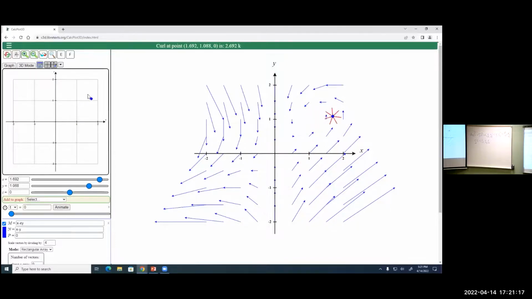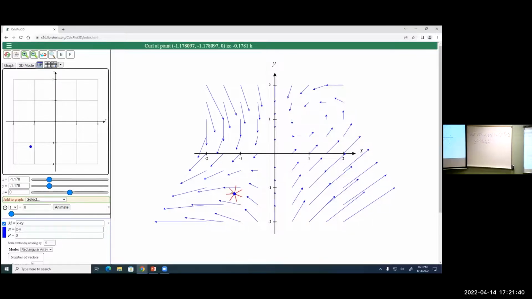We can find different spots, and at any of these spots, we can calculate the curl because we know how to do that, right? It's df2/dx minus df1/dy. So at any given point, we have a curl. Look, there's the curl going in the opposite direction.